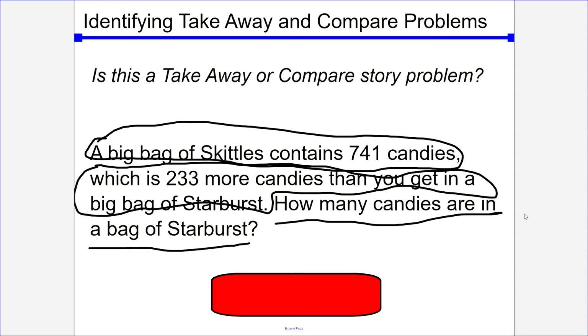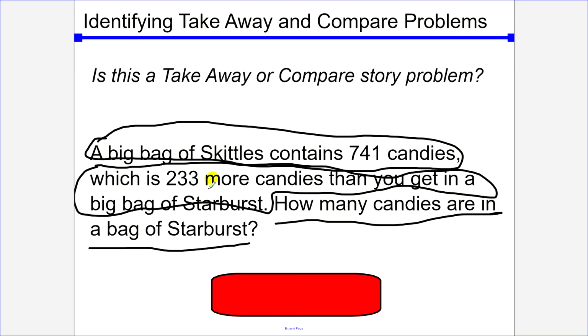Let's go ahead and think about what's happening in the problem and identify key words that help us figure out if it's takeaway or compare. Well, I know that in this problem, we know how many Skittles there are, and we know that there are more Skittles than Starburst. We're trying to find out how many Starbursts there are. I can see right away that there's no action. No action is happening in this problem. Instead, 3rd grade, we know that there are more candies in the Skittle bag than the bag of Starburst.